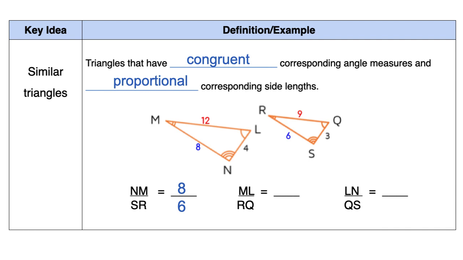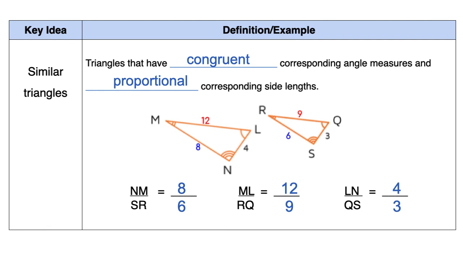ML corresponds to RQ, 12/9, and LN corresponds to QS, 4/3. We're going to notice that all three of these ratios equal 4/3. If I simplified the other two fractions, I'd get 4/3. Because the corresponding sides are all proportional, we know the triangles are similar.